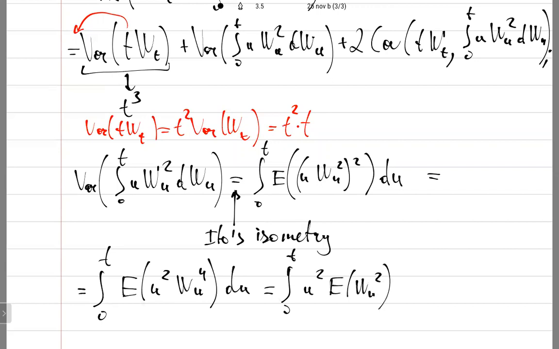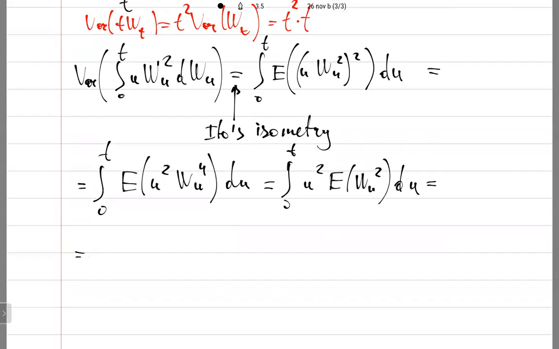u squared is non-random, so I take it out of the expected value. It should be W_u to the power 4, right? And we have calculated last time the expected value of W to the power 4. What was the value? 3t squared.